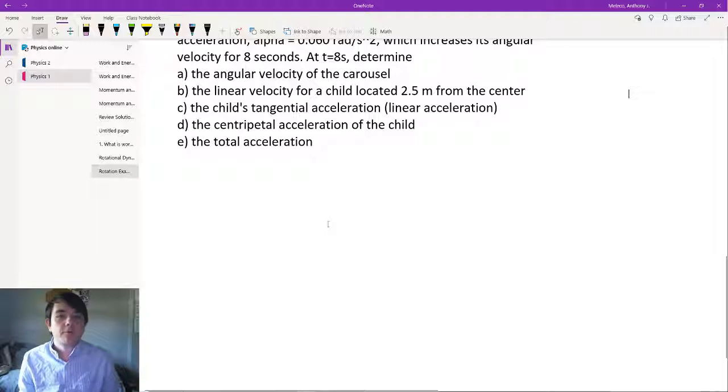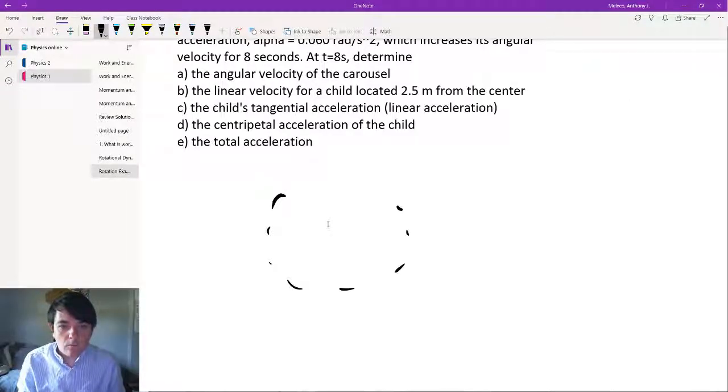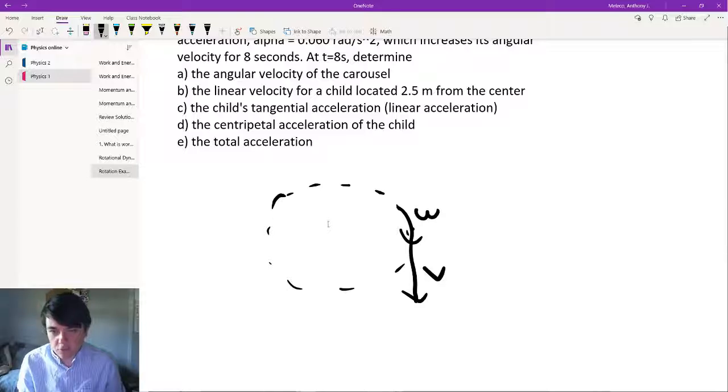If you remember with rotation, there's the angular stuff, like your rate of rotation around here, and that's your rotational acceleration. But you can also have your linear velocity, which would be the velocity that's tangent to this.